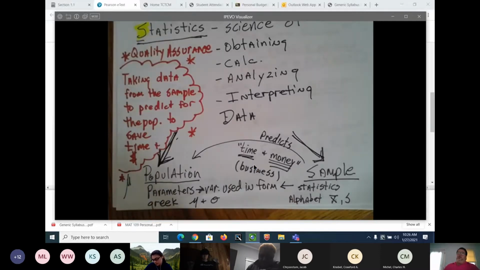And the sample, when you get through with probability and statistics and you take several courses in probability and statistics, you will find out that the name of the game is to take the sample and predict for the population. But we'll get to that in just a minute. So write down population and sample.